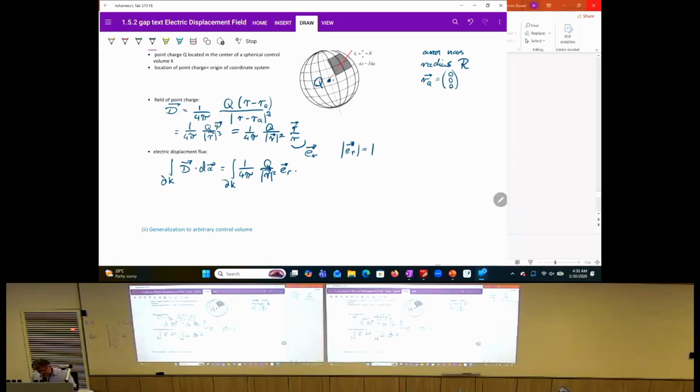and we integrate it, so we get the vectorial surface element here. In addition, how does this vectorial surface element look like?